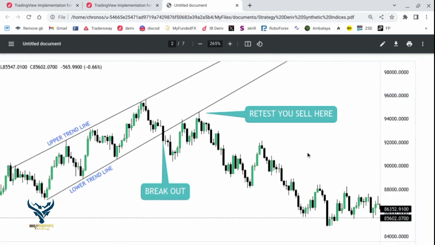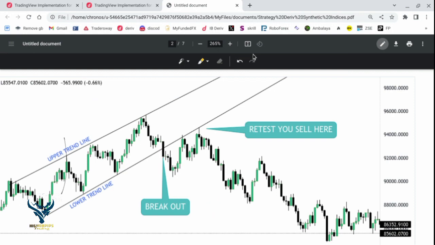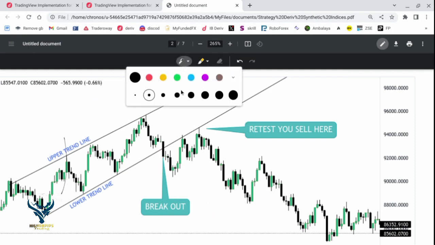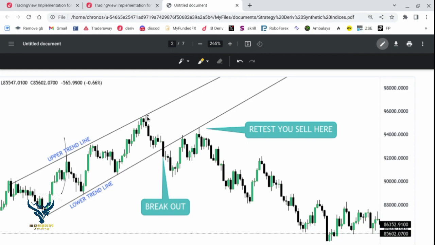So as you can see now, here the market was on a downtrend. You could put another trend line using this highest point and this highest point. Your trend line could just go all the way down like this. Okay, so we can use this highest point here, this highest point, and this.